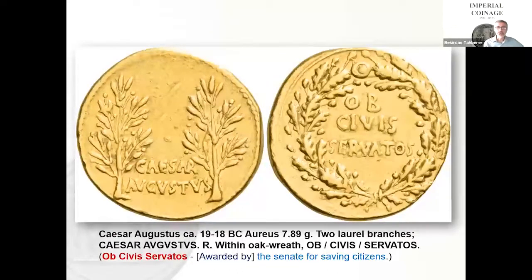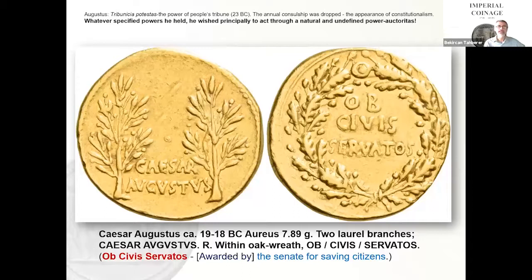And on this coin, he simply proclaims that he is the savior of the citizens and the Senate, and he simply completes the process of setting himself as the sole ruler.